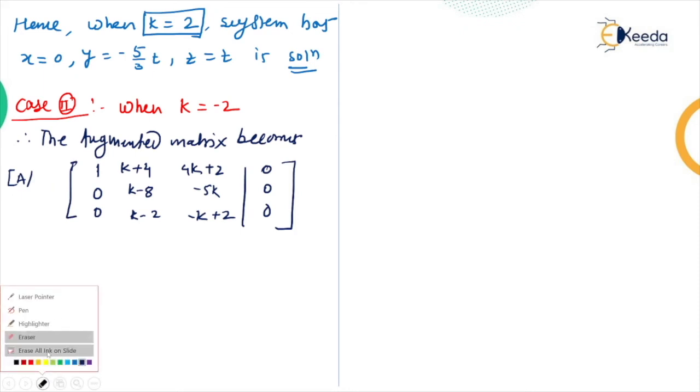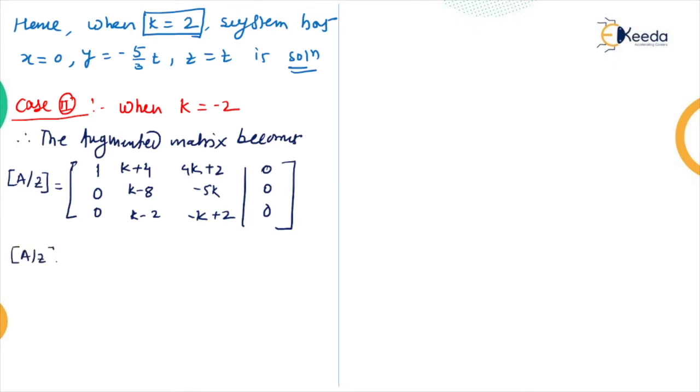That's the standard notation. Now for k equal to minus 2, substituting the value of k as minus 2, we will get the augmented matrix in this way.